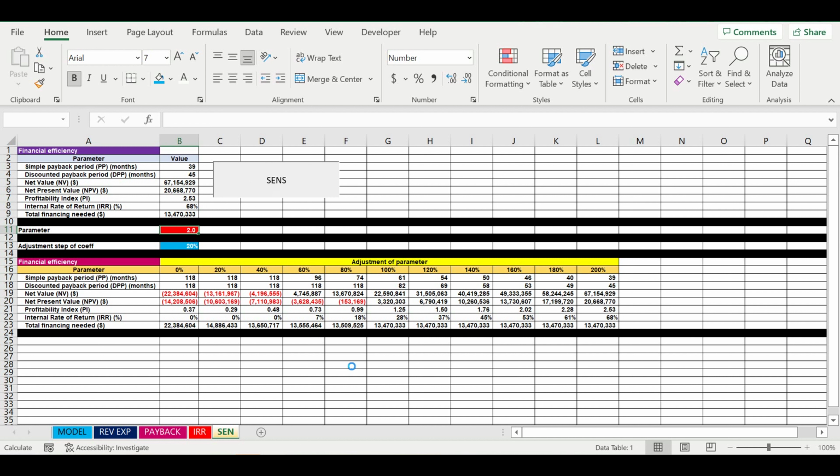We can see that if we have a decrease of 20% in rent price, then we will go negative. For example, we can change the step of calculation to 5% and make a more detailed sensitivity analysis.